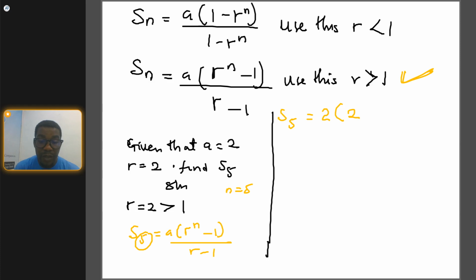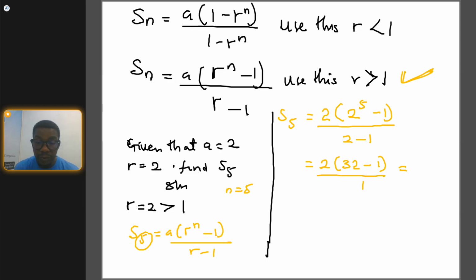So we have r raised to power n, which is 5, minus 1, all over 2 minus 1. Simplify this. You have 2 into bracket 32 minus 1 all over 1, because 2 raised to power 5 will give us 32.